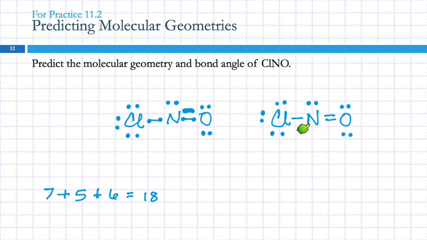We look at the central atom. How many electron groups? 3. A single bond, a lone pair, and a double bond. Each of these is a group. So 3 groups. What do 3 balloons do? They make a triangle, so they're going to make a trigonal planar structure.